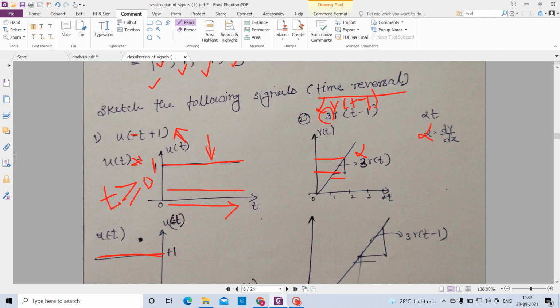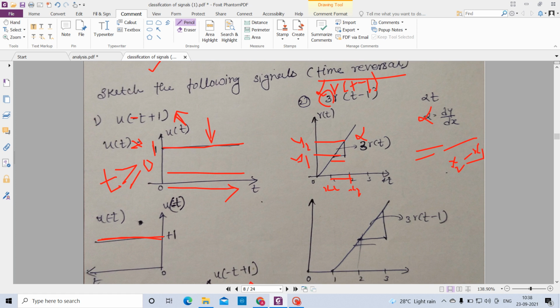So how do we represent dx? It is x2 minus x1. Similarly, dy is y2 minus y1. So we get alpha for 3 into r of t. Now how can we represent r of t minus 1?